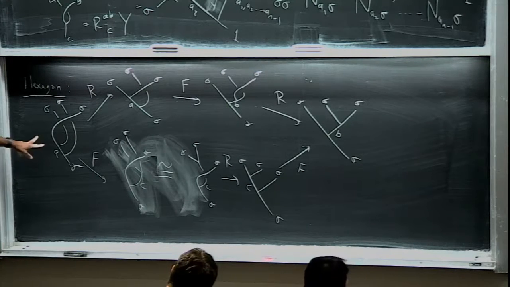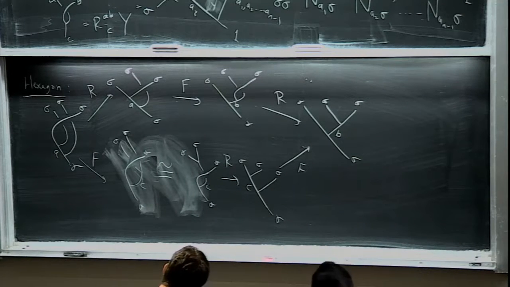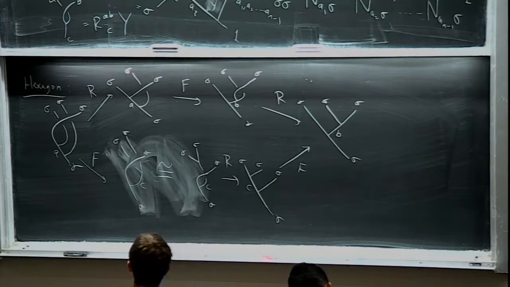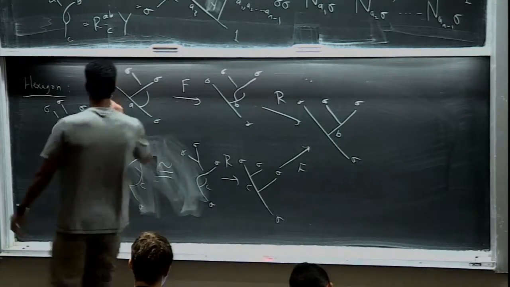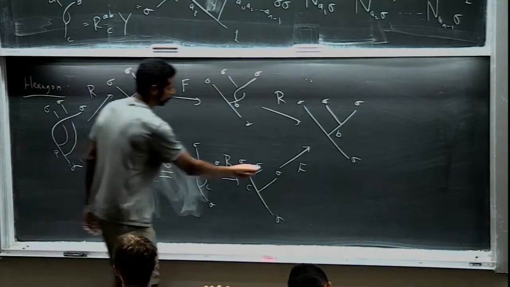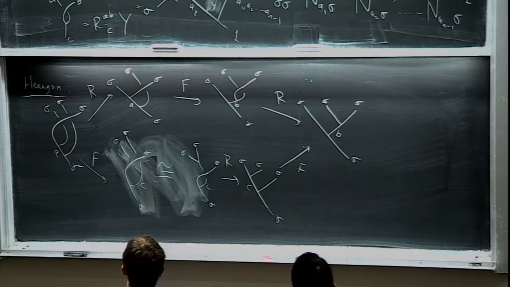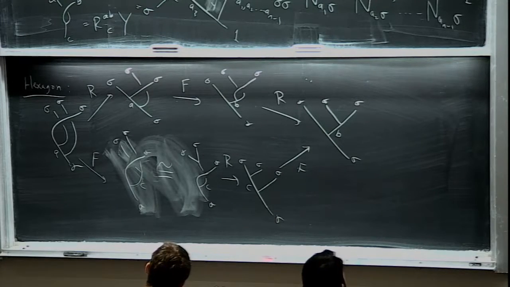Okay, so if we now apply, you can see the left-hand side of this equation, if I do for the top, is R times F times R, and the bottom side is F R F. So what we have over here is R sigma sigma A. Okay.